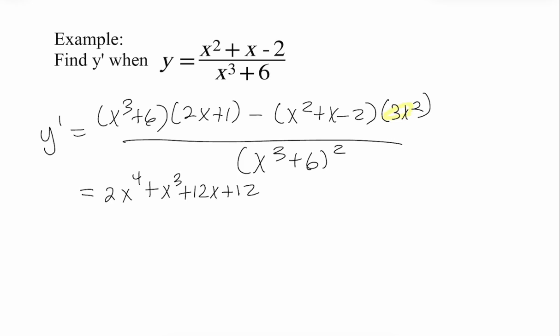Now, since this is only one term and this is negative, I'm going to distribute negative 3x squared to everything. Did I mess something up? It is 12x plus 6. So I'm going to distribute on the end negative 3x squared to every piece. So we're going to get negative 3x to the fourth, negative 3x cubed, plus 6x squared.